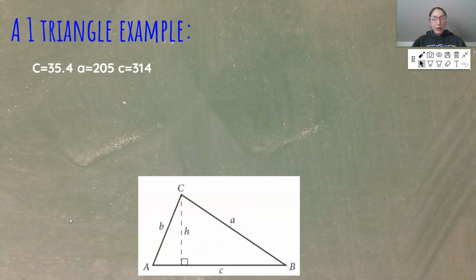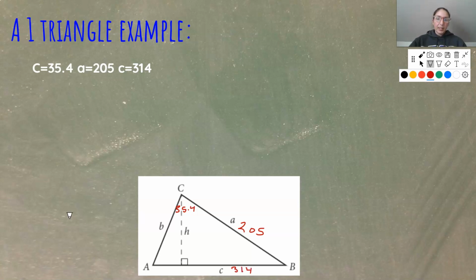Let's look at now where we know that there's absolutely 1 triangle that will match this description. Let's write in red this time so we can actually see it. So big C is 35.4, little a is 205, and little c is 314.